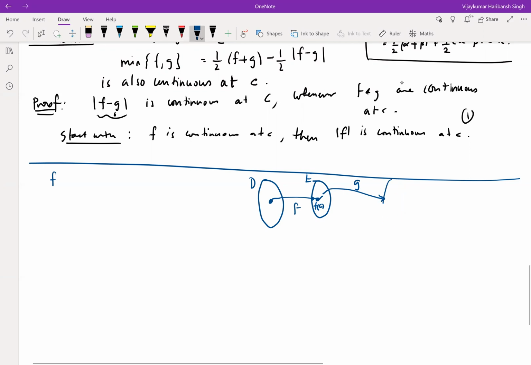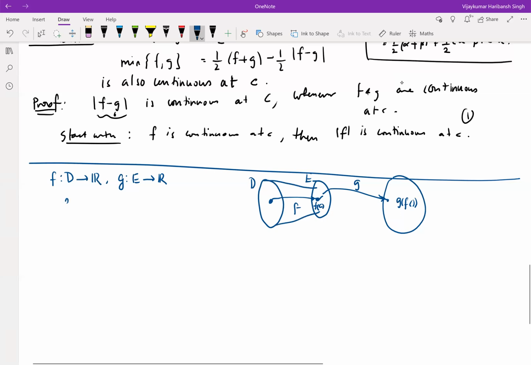Make it bigger a bit. g of f of C. So the statement is the following. Suppose you have a continuous function f from D to R, some domain D. You have a function g from E to R, and what you need is that the whole of D at least goes inside E, right?